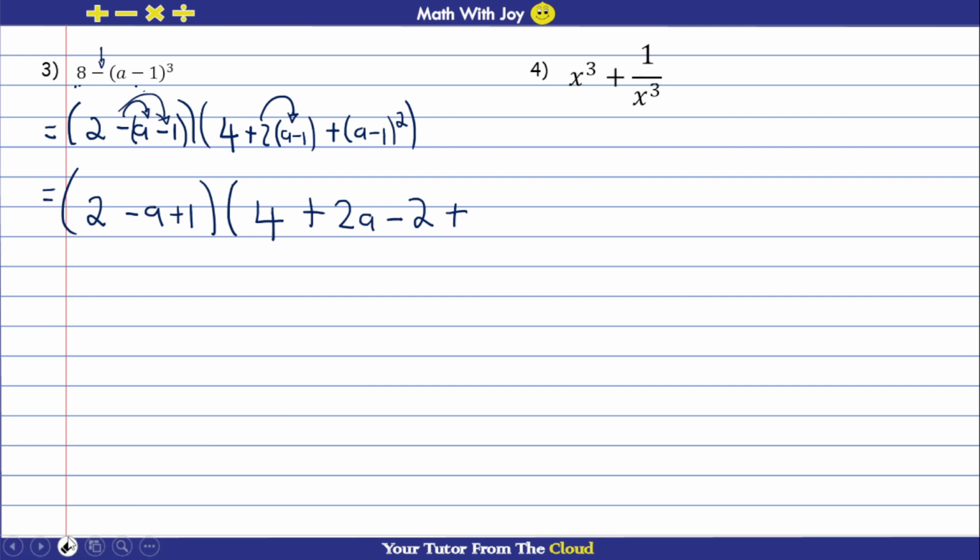All right, and if you do, you will get a squared minus 2a plus 1. So then we simplify this inside bracket. I want to have 3 minus a, and in this bracket I notice that I have a squared.